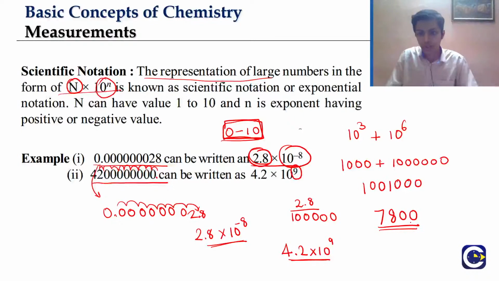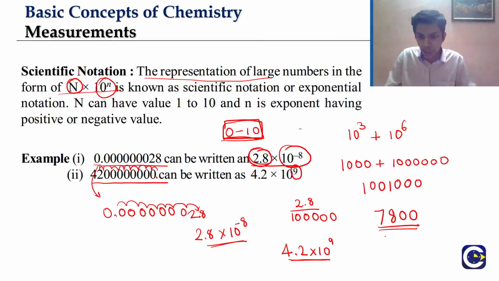So just try out this: 7,800. Can you write this in scientific notation? Yes. I'll give you 10 seconds maybe. Okay. In the same way, in this scientific notation only, we can also do addition, multiplication, subtraction, and all of those.